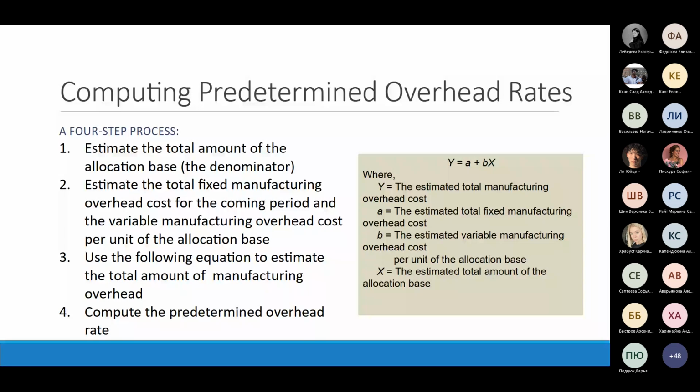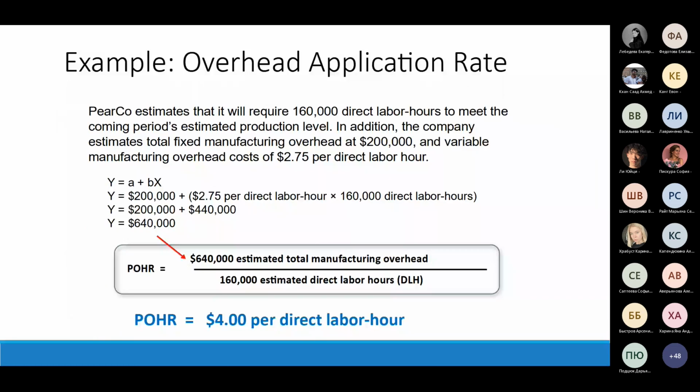Let's see the example. This company, PRCO, estimates that it will require 160,000 direct labor hours to meet the coming period's estimated production level.